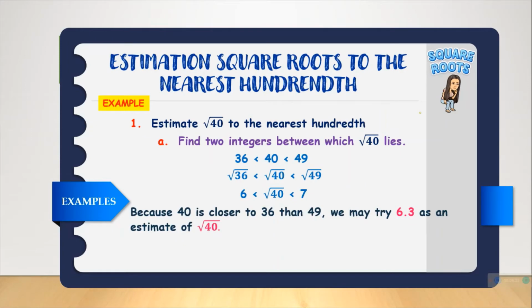Because 40 is closer to 36 than 49, we will try 6.3 as an estimate of the square root of 40, because when you multiply 6.3 by itself, you get 39.69. Why not 6.4? Because when you multiply 6.4 by itself you get 40.96, which is over 40. So it can no longer be used. We will use 6.3 because it is the closest.